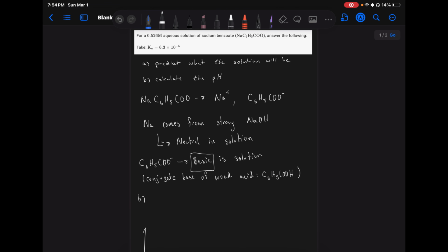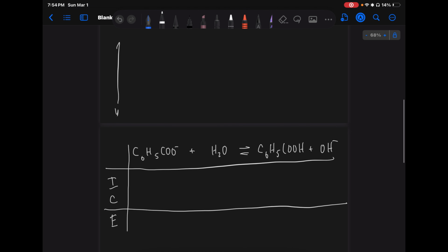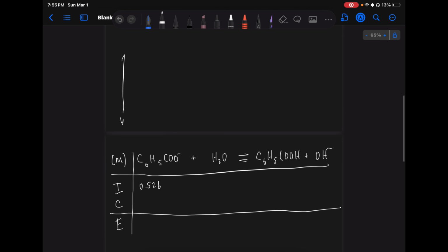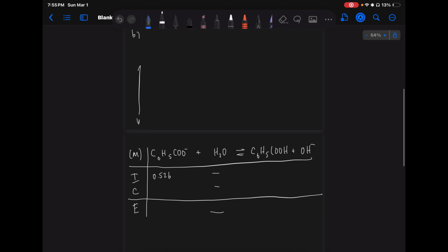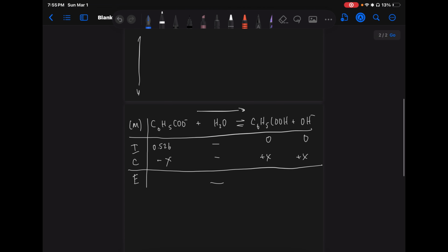Here, 0.526 moles, and the units are just moles. We don't have to worry about H2O. OH- starts at 0, and C6H5COOH starts at 0, so this is going to be plus x because this reaction is happening forward. This is going to be minus x. So here we get 0.526 moles minus x, and x.